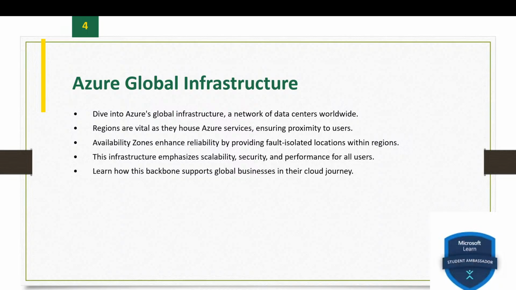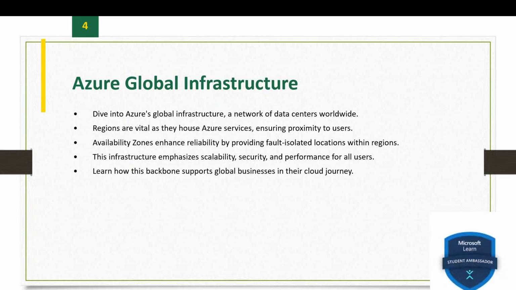And the second one is availability zones. So what is an availability zone? Availability zones are physically separate locations within an Azure region. Each zone has its own independent power, cooling, and networking, making them resilient to failures in other zones.